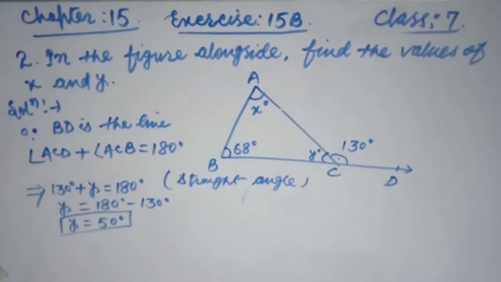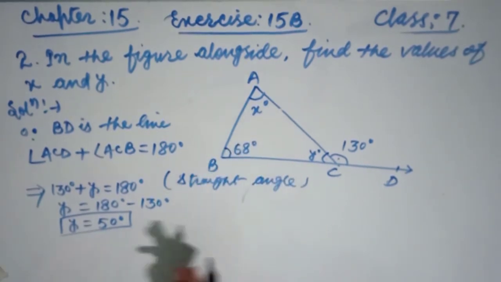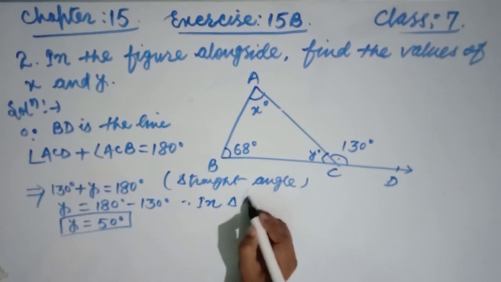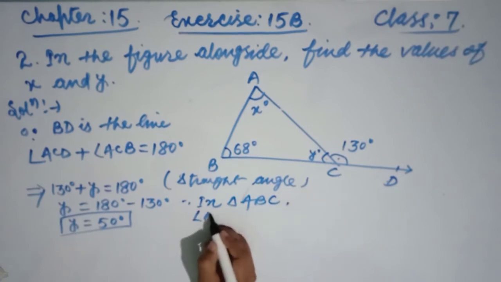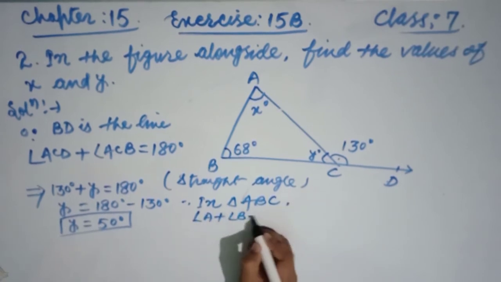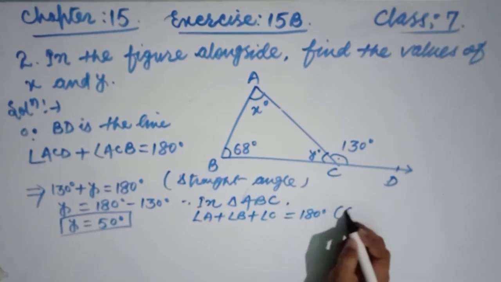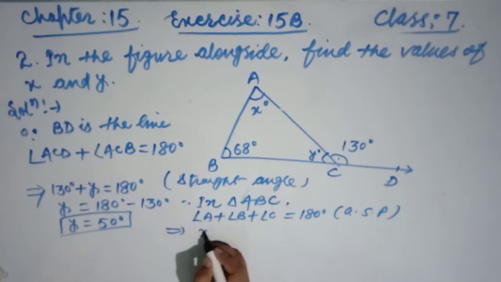Now we have to calculate x, for which we have to put the value of y. Now since in triangle ABC, angle A plus angle B plus angle C is equal to 180 degrees. This is the angle sum property. So angle A is equal to x, that we have to find.